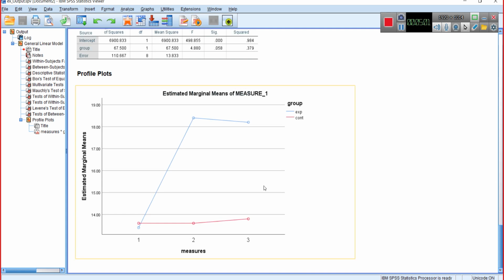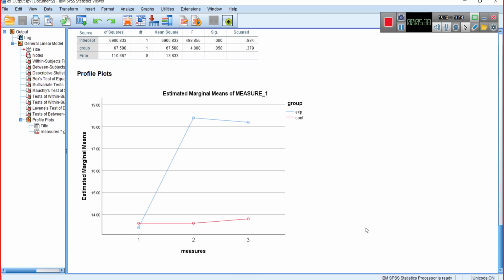For example, in this data set, we can see that the experimental group's measures after the treatment are increased highly and are somehow steady at the follow-up measurement. But the control group, in the red line, has steady measures with some equal means during the experiment.